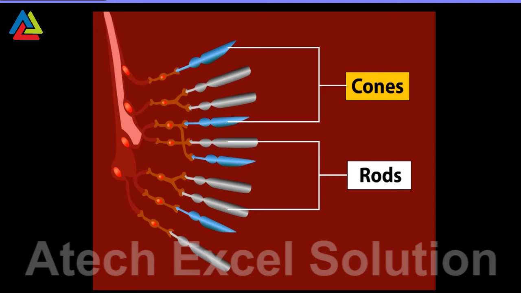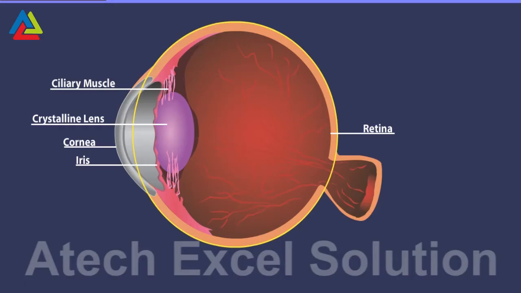Rods are sensitive to intensity of light, while cones are sensitive to colors. These cells change light energy into electrical signals which are sent to the brain via the optic nerves. The brain interprets these signals and enables us to detect objects.